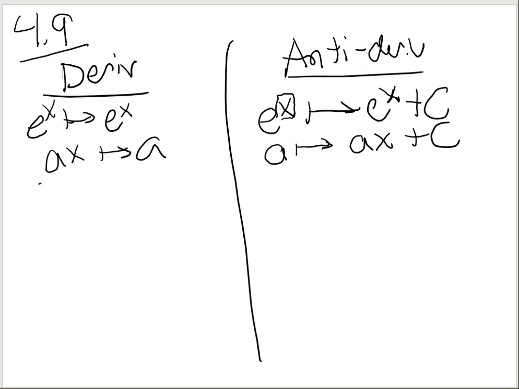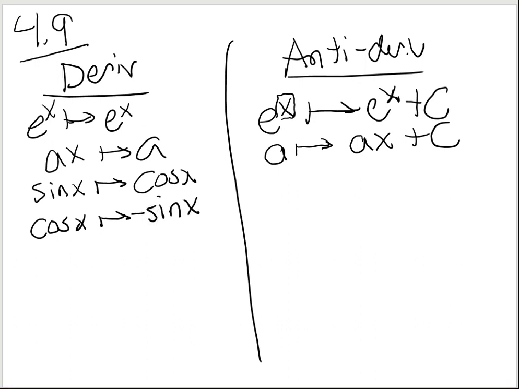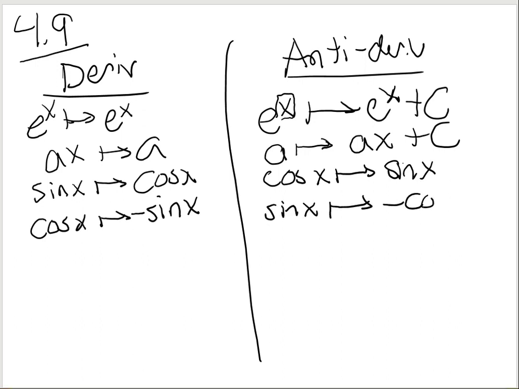We had our trig functions. Sine goes to cosine, and cosine goes to negative sine. So if we want to do that in reverse, cosine now goes to a positive sine, and sine goes to a negative cosine.